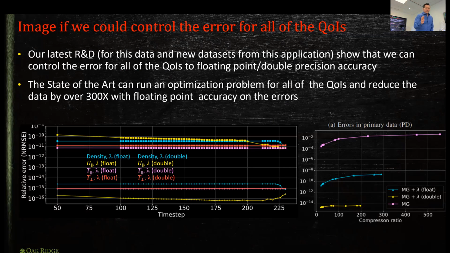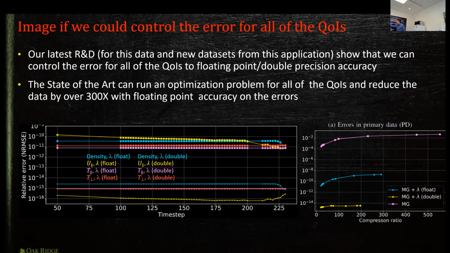Now, what if I said there's a way to pose this a certain way such that if you know all the quantities of interest you're interested in, I could guarantee you through an optimization problem that I can actually give you floating point accuracy? We're just showing 4 because the other 2 are dependent upon it.